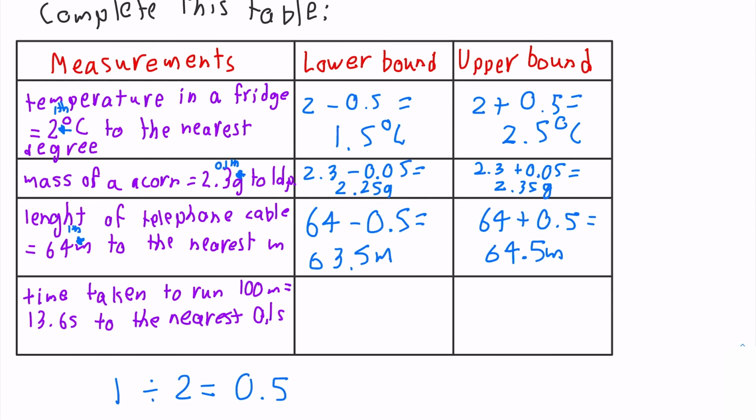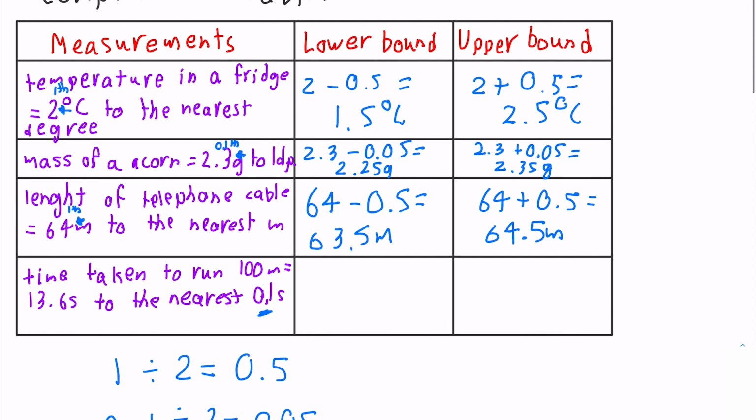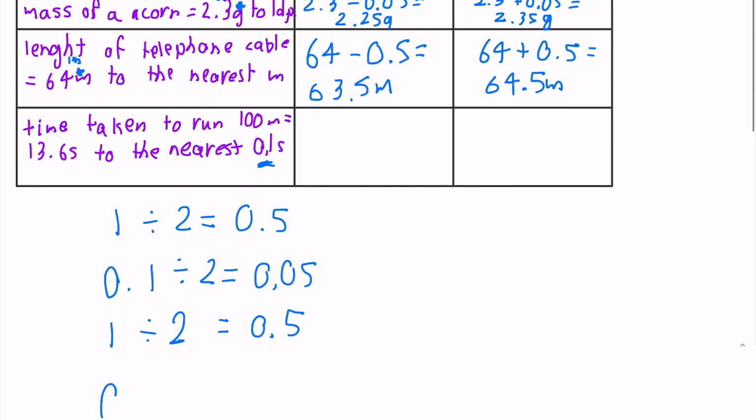What about this last one? It's telling us the time taken to run 100 meters is 13.6 to the nearest 0.1 seconds. So we do 0.1 divided by 2 equals 0.05.